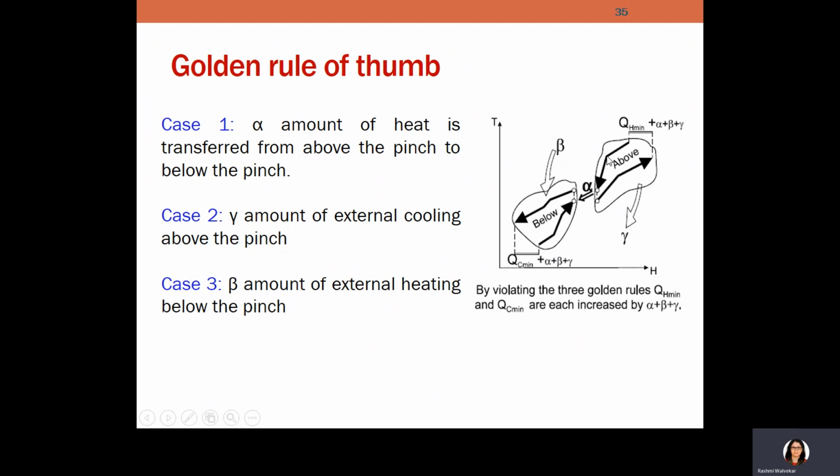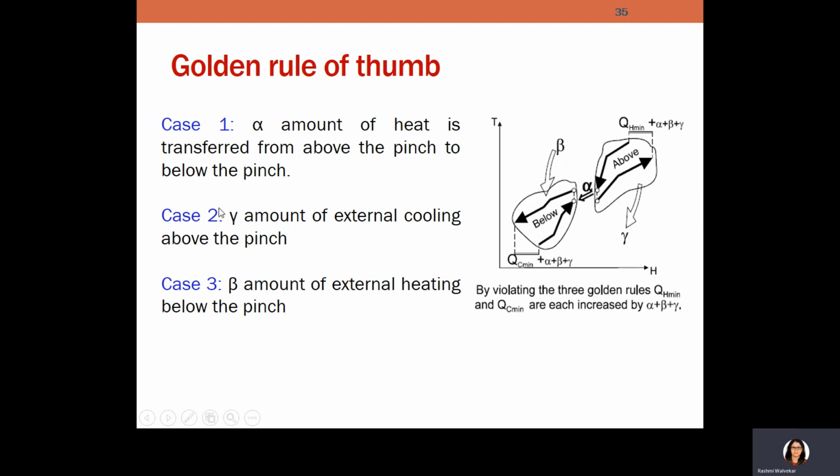Then you need to satisfy that heat or energy requirement. You need to add an additional alpha amount of energy to your utility requirement. And below the pinch gains excess heat, so our cooling duty will also increase by the same alpha amount.